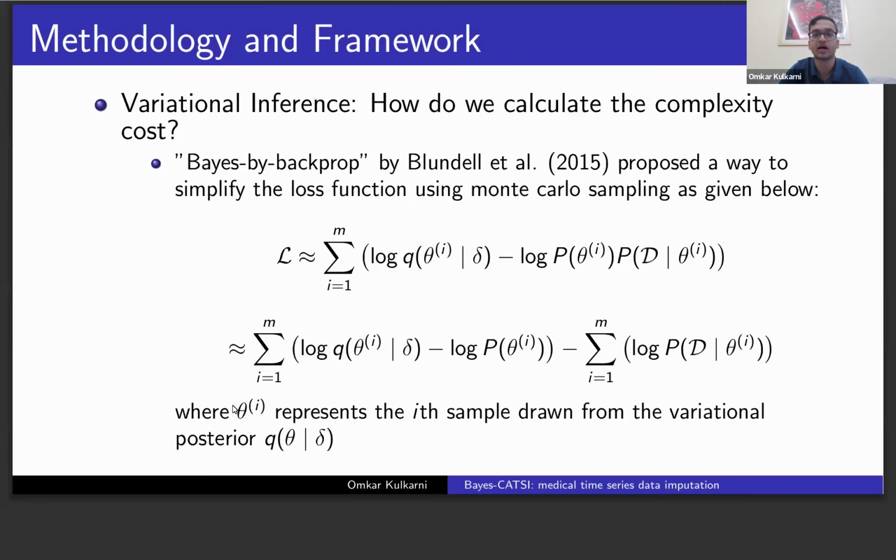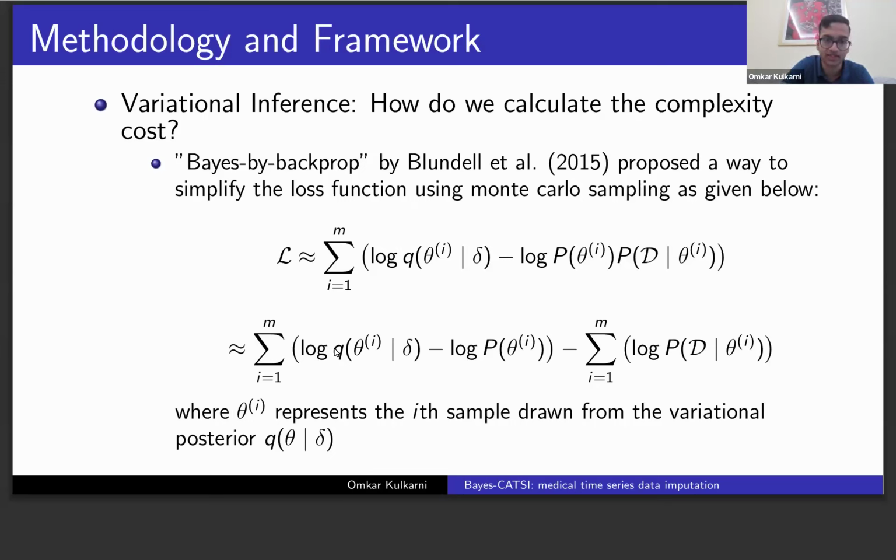Now the question is, how do we calculate the complexity cost, which is the KL divergence between the variational posterior and the prior? So the paper by Blundell et al., Bayes by Backprop, proposed a way to simplify the loss function using Monte Carlo sampling as given below.